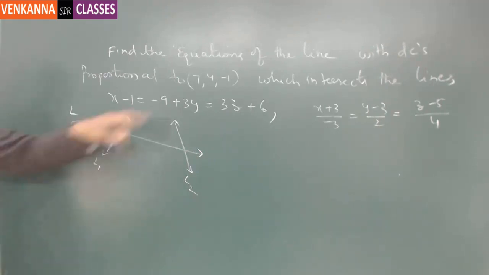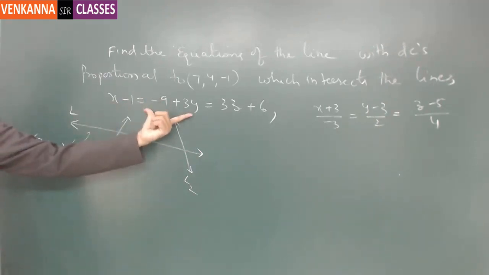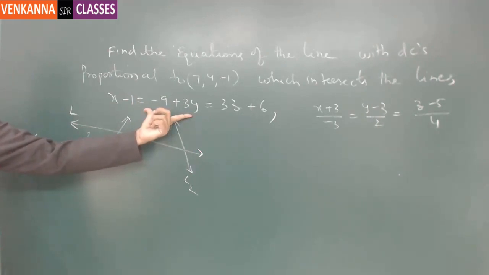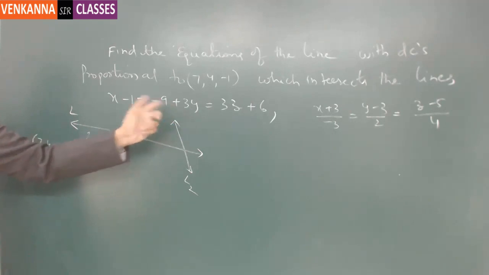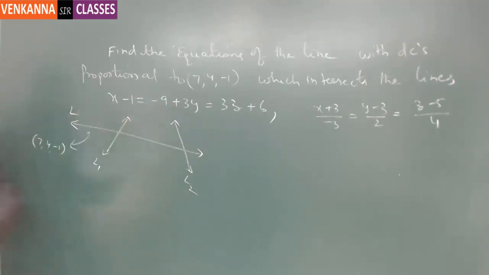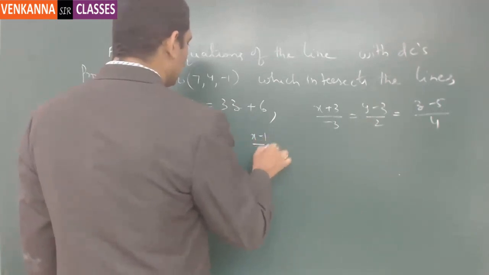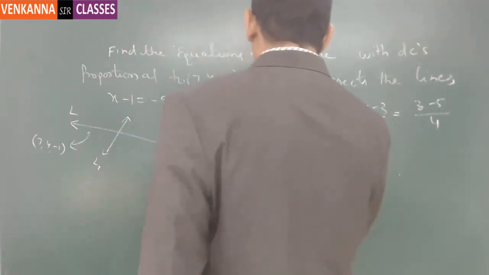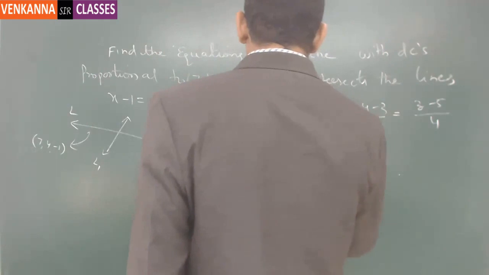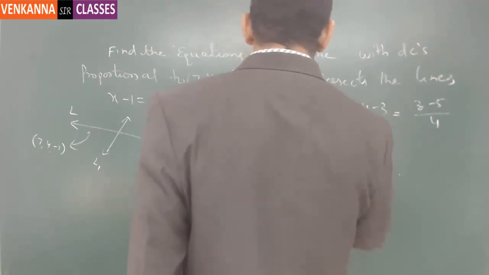Now, if you observe the first line, you can convert this into symmetric form very easily. You just divide by 3. Then what happens? We have x minus 1 by 3 is equal to y minus 3 by 1 is equal to z plus 2 by 1.